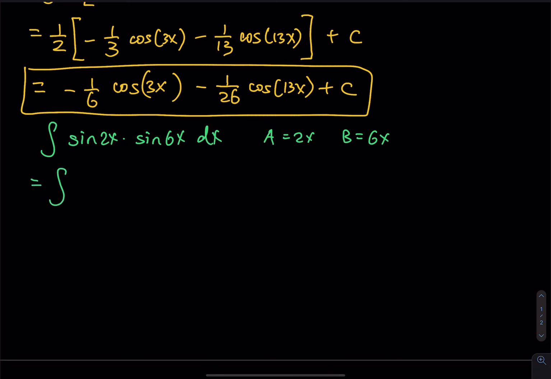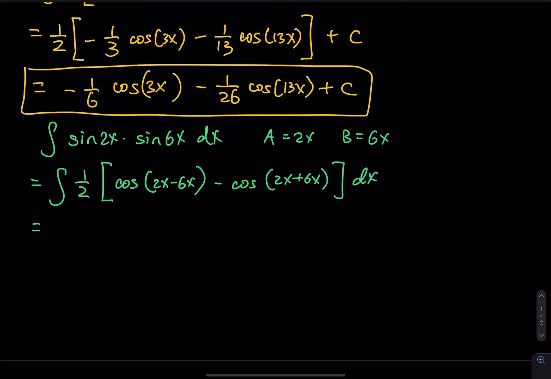So we have the integral of 1/2 square bracket cosine of (A minus B), 2x minus 6x, and then minus cosine of (A plus B), 2x plus 6x, dx. So we have 1/2 and then the integral of cosine of negative 4x minus cosine of 8x dx.